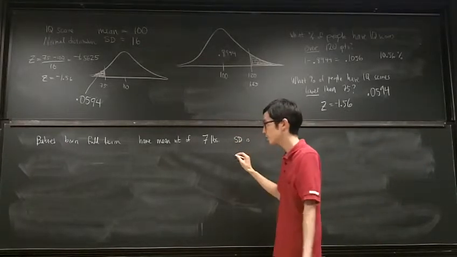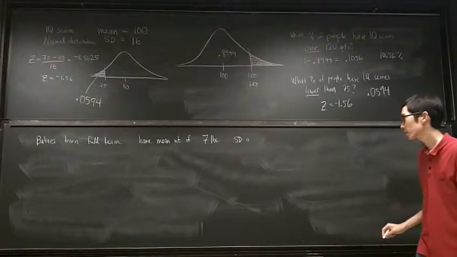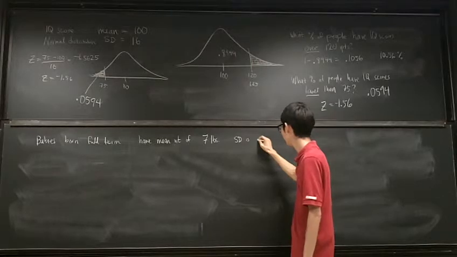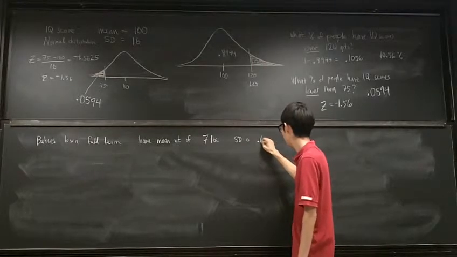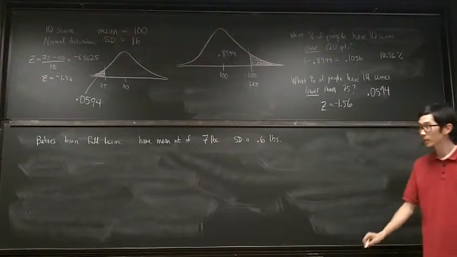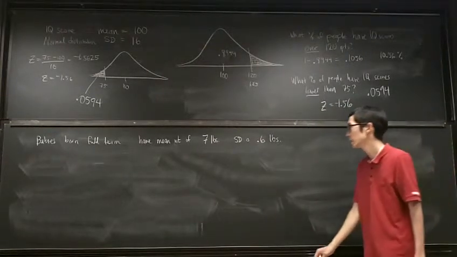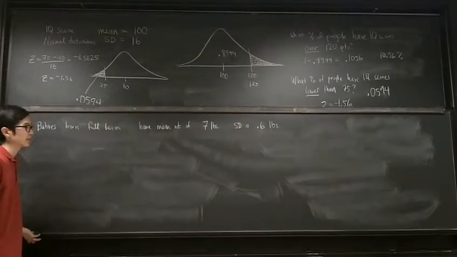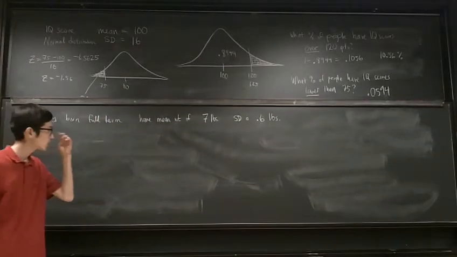is, let's keep this simple, we'll say 0.6 pounds. The mean weight is 7 pounds, and the standard deviation is 0.6 pounds. All right.